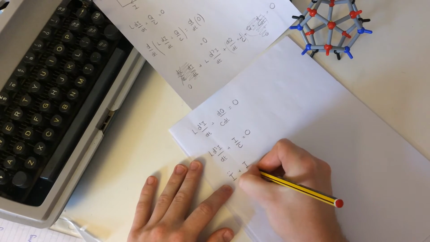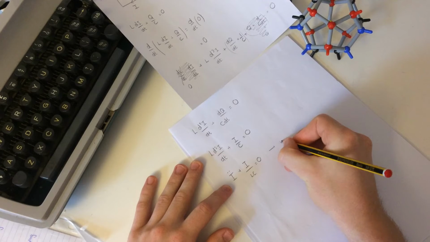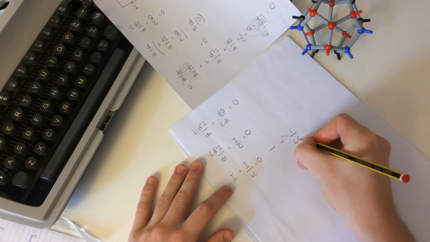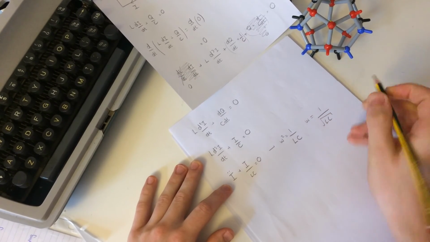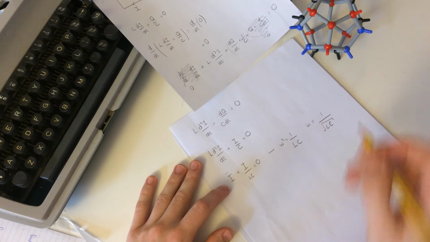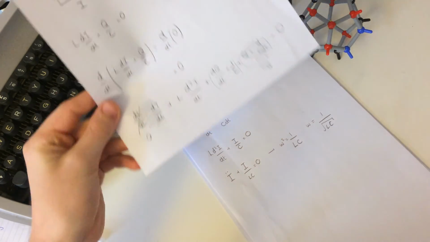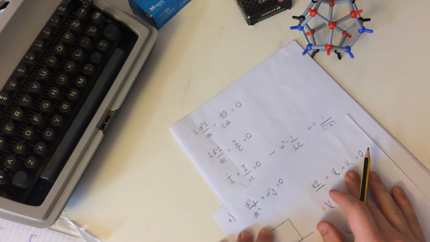We're dividing by L, so we get I double dot plus I over LC equals 0. So we know that omega squared equals 1 over LC. So we can just square root the whole thing and get omega, the frequency of the simple harmonic system, is the square root of 1 over LC, and I hope you'll agree that that equation is the same as the one we were trying to get out.